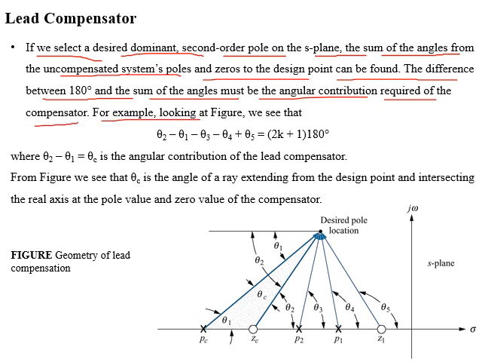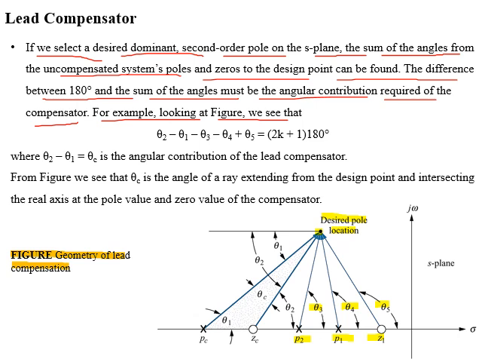Now look at the system given in the figure. The uncompensated system has two poles and one zero. Poles are represented by P1 and P2, the zero is represented by Z1, and the desired location for the dominant second order pole is also given, and respective angles for each vector are also mentioned.